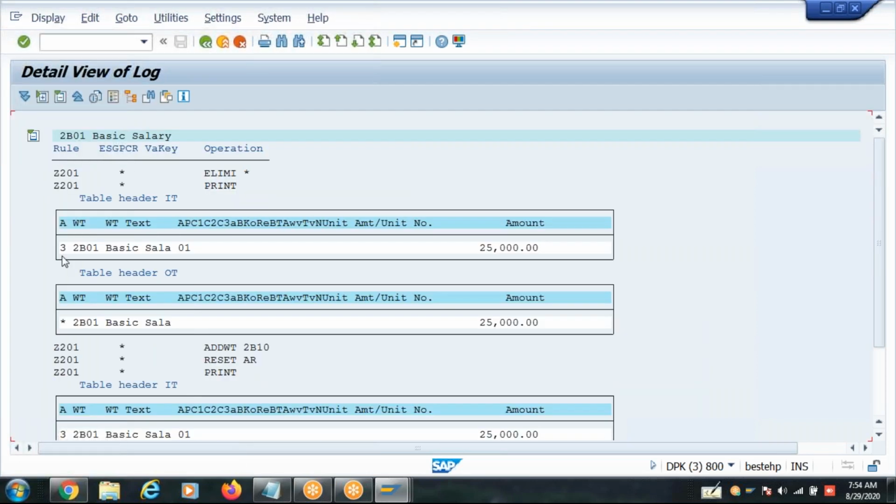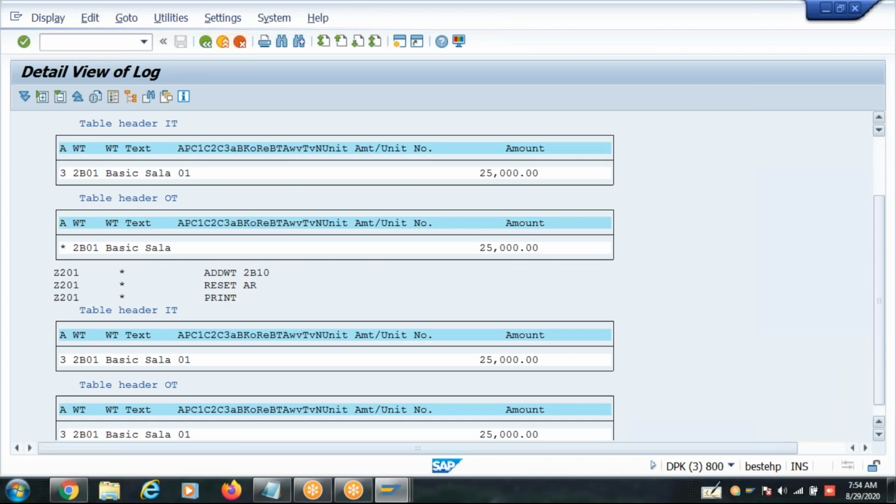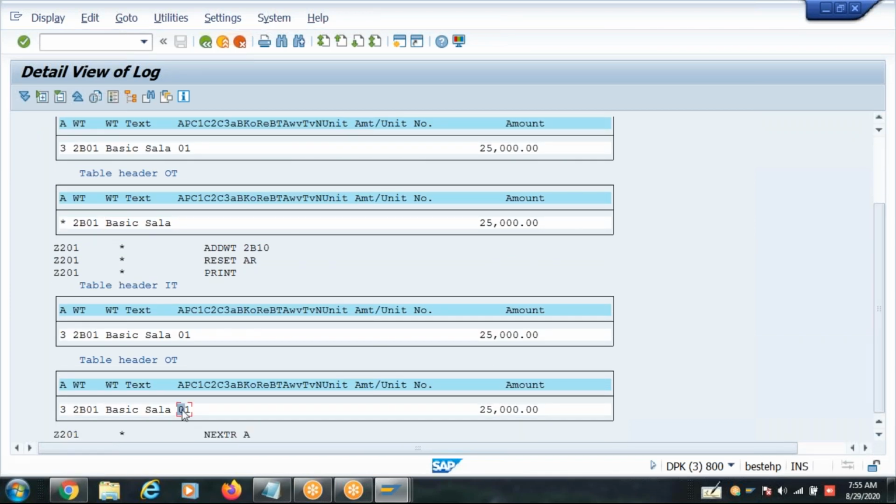See, before elimination operation, this is the value. After elimination, both are deleted and every other split also deleted. And after resetting, it is resetting 3 and 1. Okay, reset A and R. So reset is usually followed by eliminate operations in a PCR.